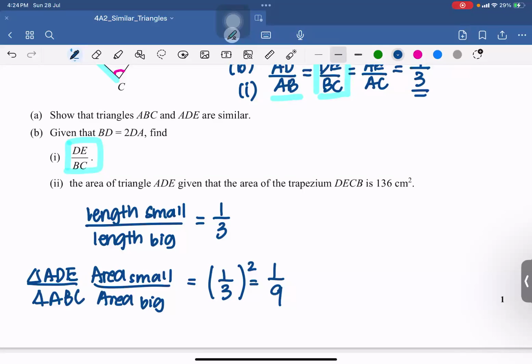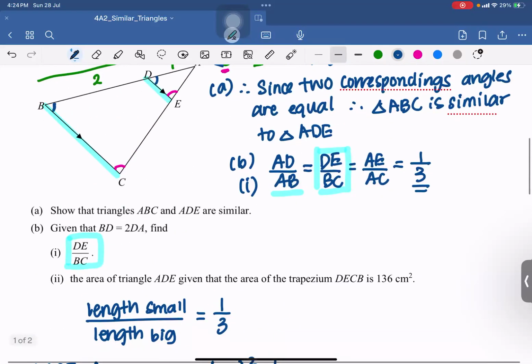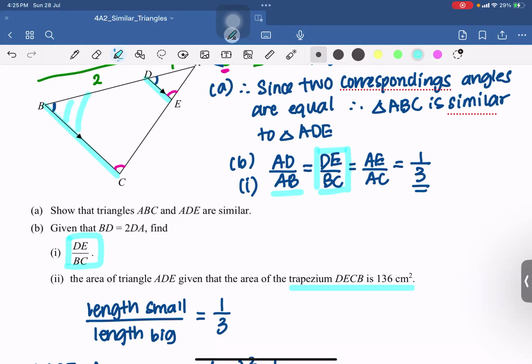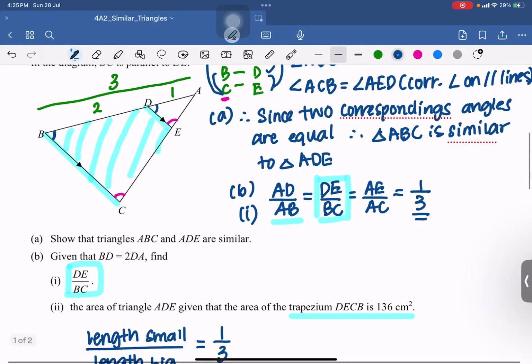Then how does this help me relate to the area of the trapezium? The trapezium over here is this area. How can we find the area of the trapezium? Area of the trapezium is the area of the larger triangle ABC minus away the smaller triangle ADE.